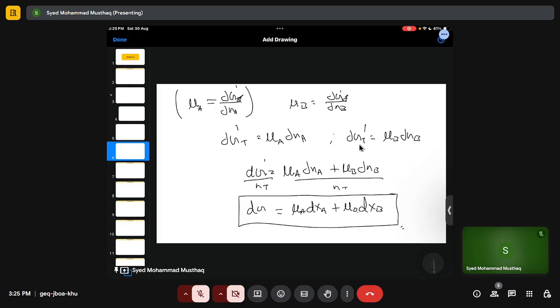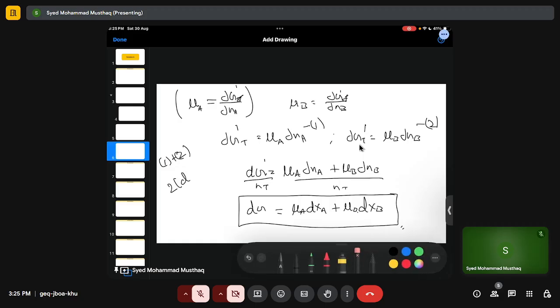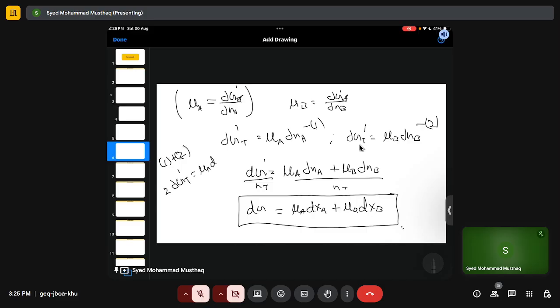Remember this. We have one equation and then another equation, and adding 1 plus 2 we get ∂G dash. So this term equals this one: the total change in free energy.